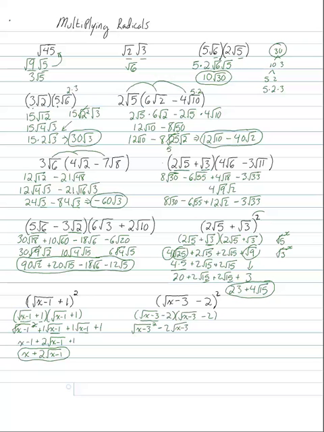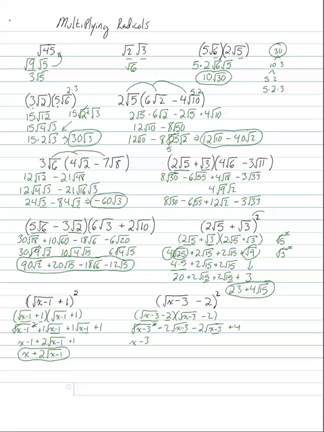Now I'm going to take my minus 2 and distribute that. So minus 2 times square root of x minus 3 would be minus 2 square roots of x minus 3. And minus 2 times minus 2 would be plus 4. Simplify. So square root of x minus 3 squared would cancel the square root and square it out. So x minus 3. Again, I have like terms.